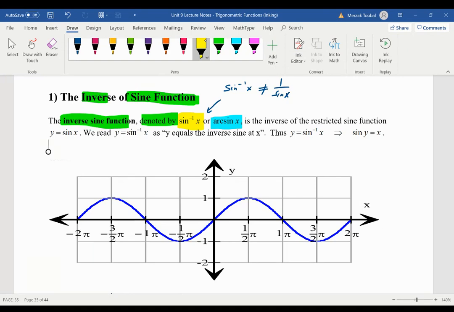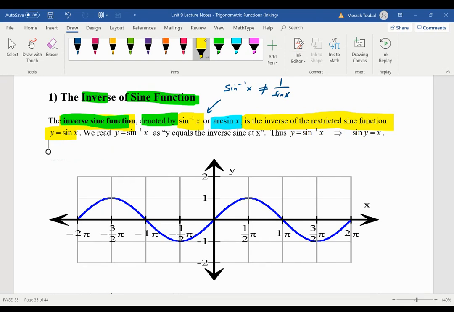Now the inverse sine function is the inverse of a restricted sine function. So it means we have to put a restriction on the domain of the sine function, so that the sine function will have an inverse function. So y equals sine, that's the function, and that is the inverse of the restricted sine function y equals sine.